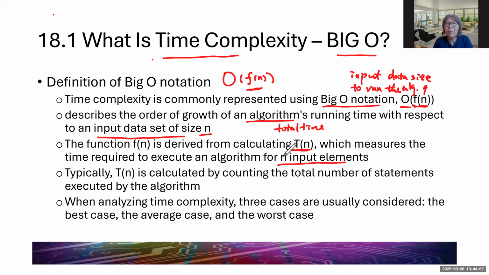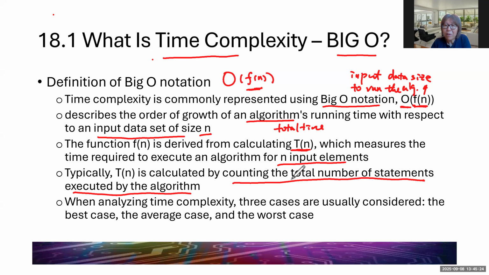Normally, when we try to derive this T(n), we count the total number of statements going to be executed by the algorithm in your code.